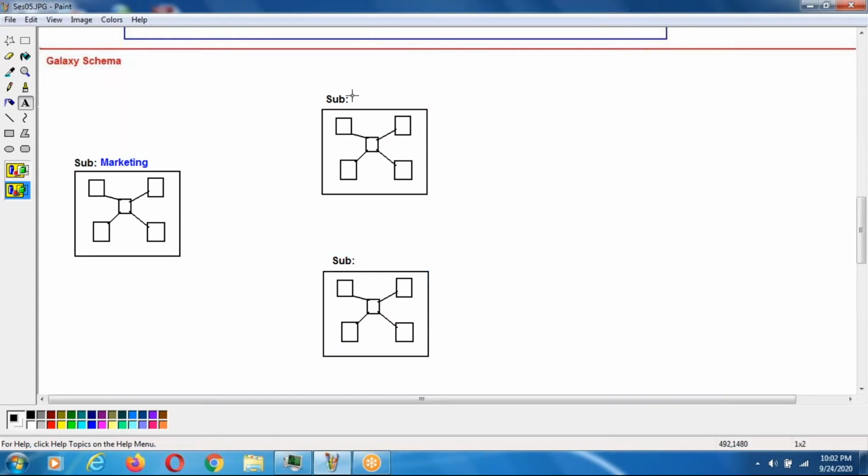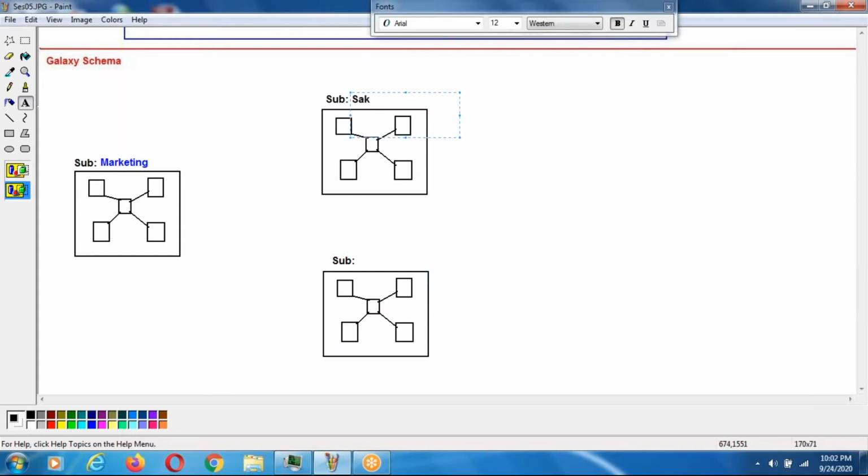So the first one is marketing, the second one is, for example, sales, and the third one is marketing, for example.